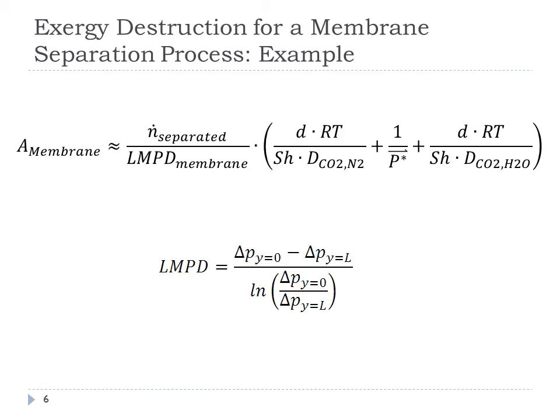Then the resistance through the membrane is 1 over P star, where P star is the permeance of the membrane for CO2, and that will be given to you in problems. And then finally we have the mass transfer resistance on the sweep side. Note that if you have no sweep gas, then this term will drop to 0.